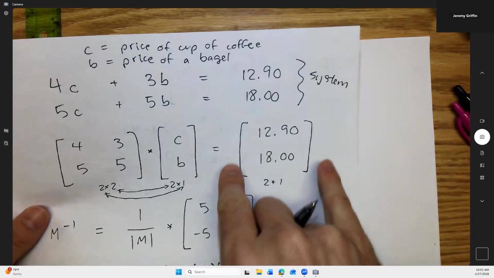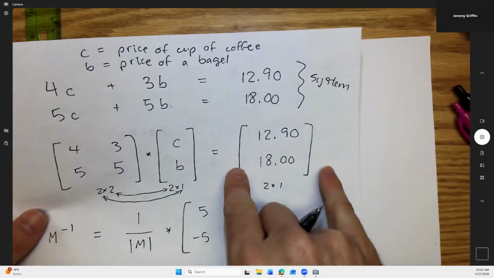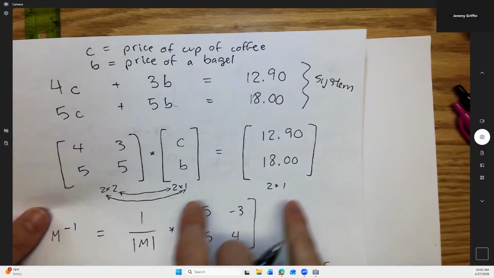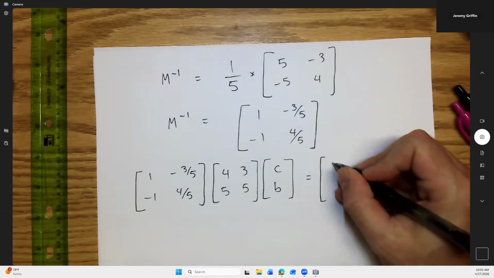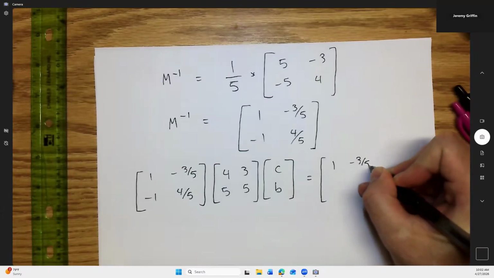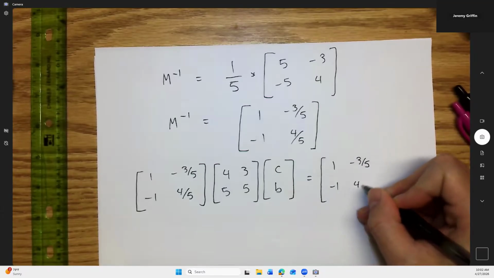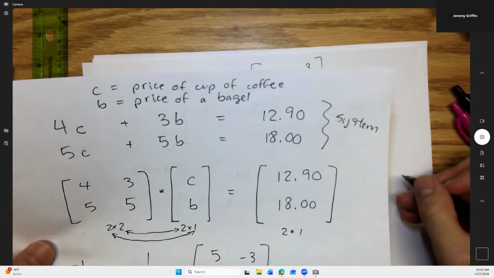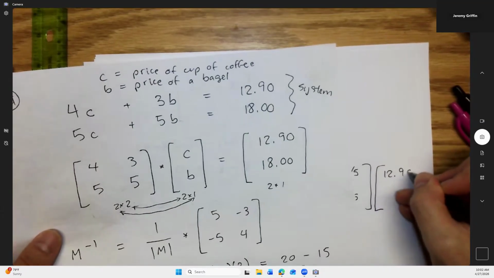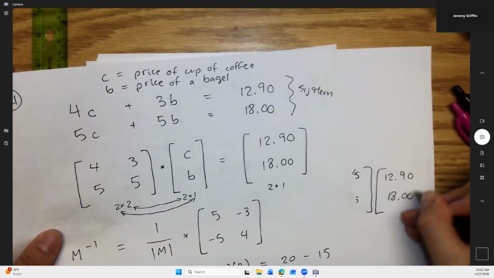On the right side, remember I used to have the total bills. Well, I'm multiplying in the inverse matrix, so I'll multiply that in right here: 1, -3 fifths, -1, 4 fifths, and then the price values of $12.90, $18.